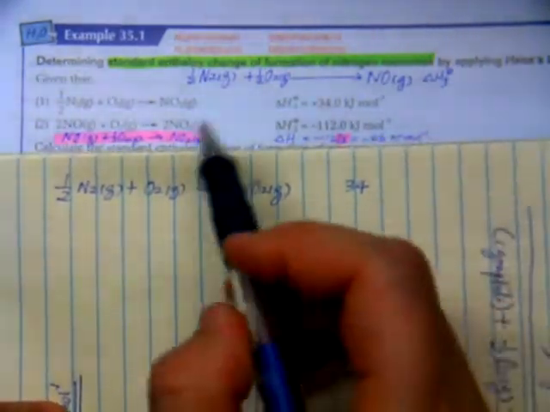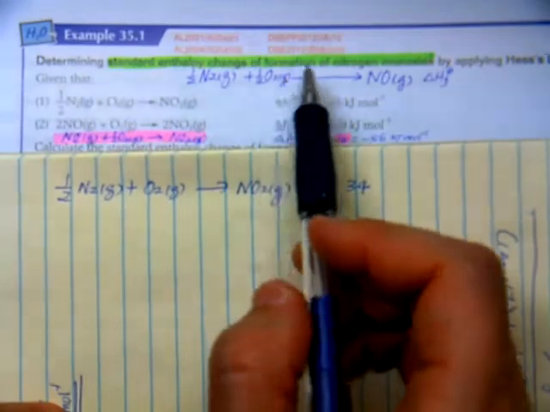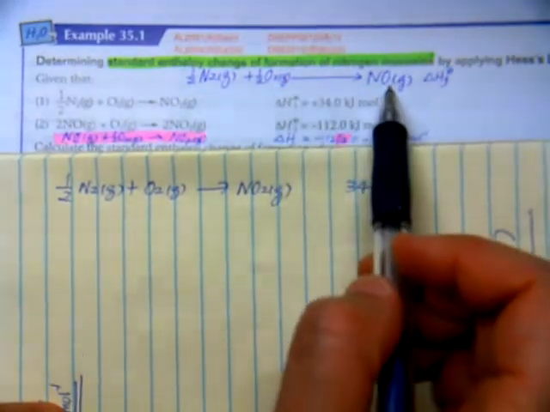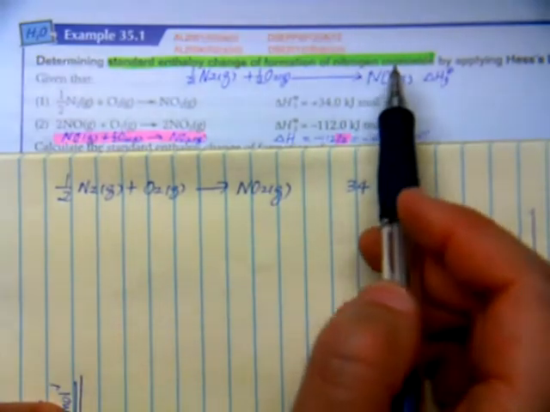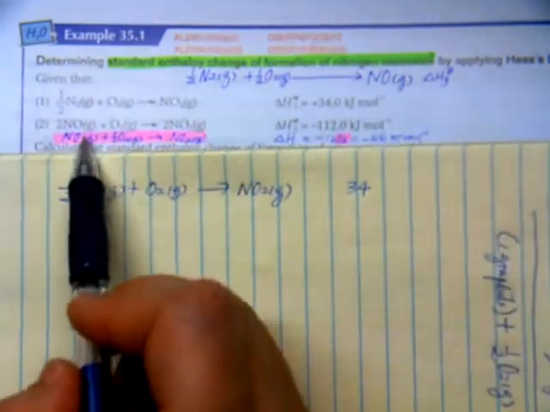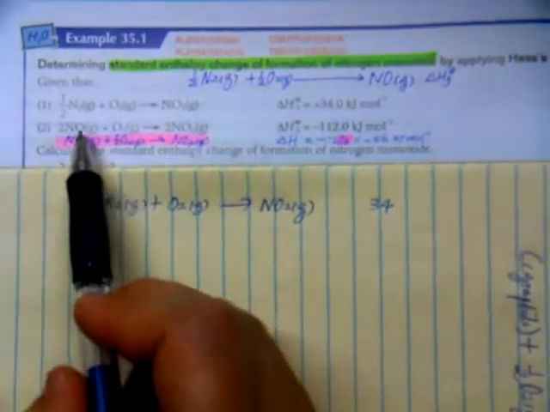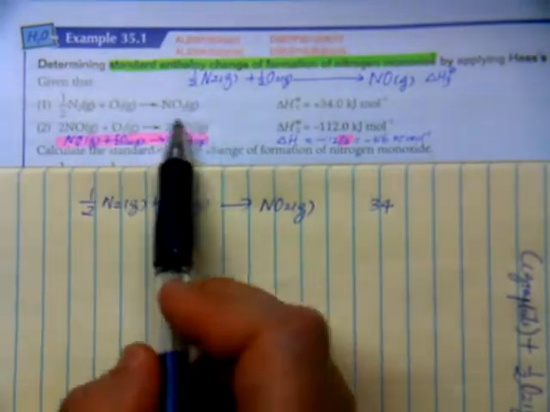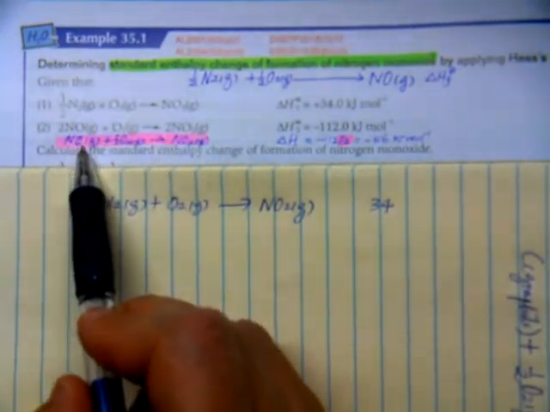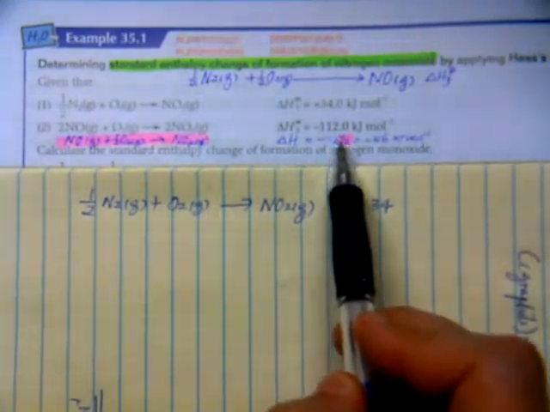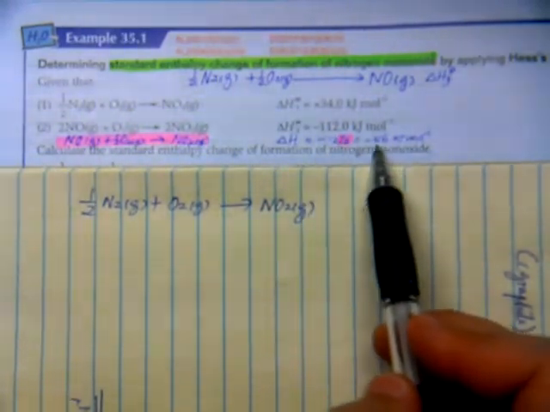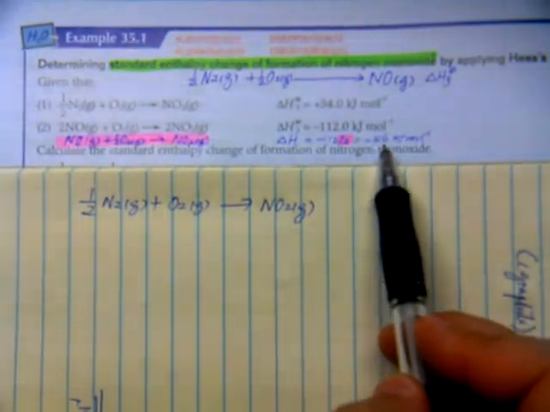And then look at the equations again. We have 1 NO on the product side. So what do you need to do? Follow the same argument. Divide the second equation by 2, and bear in mind the delta H should also be divided by the same factor, which is negative 56.